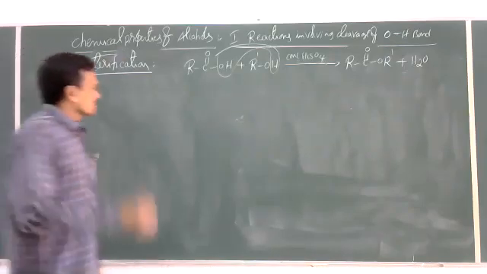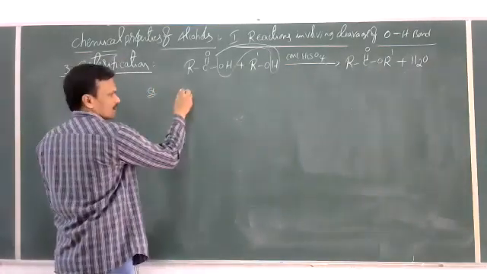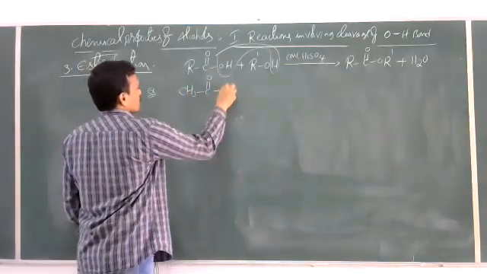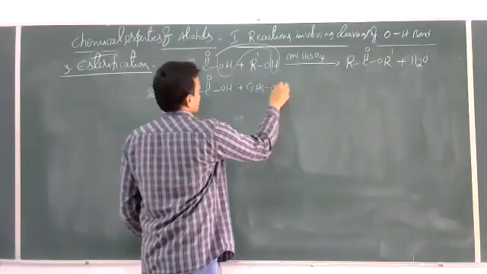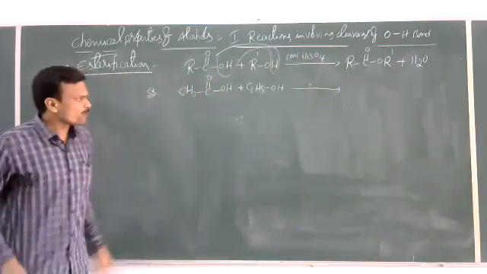Okay, right. Now here, let us take an example for this. CH3COOH plus C2H5OH in the presence of H2SO4.